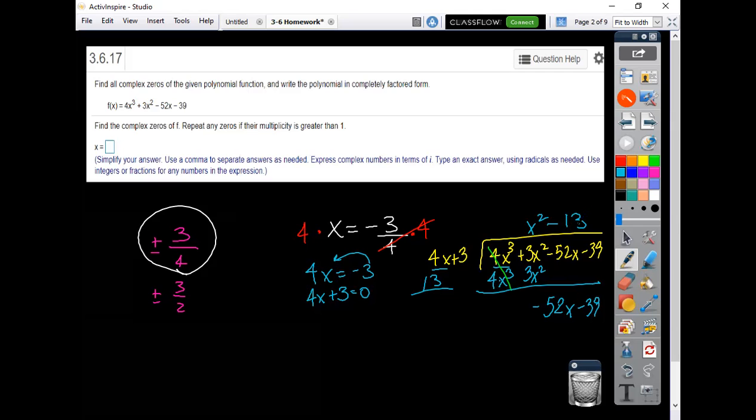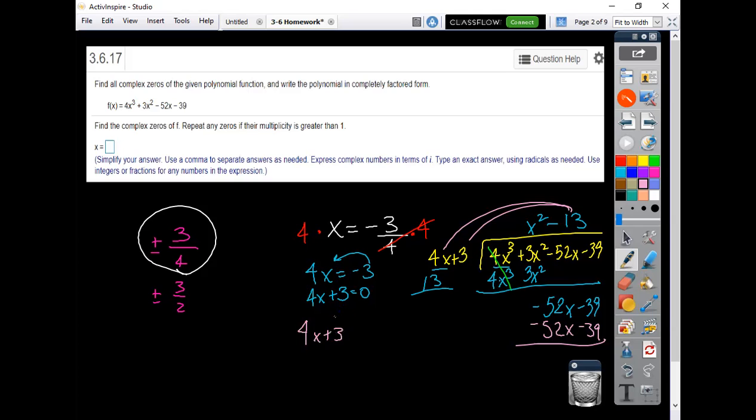So my 13 times this 4, negative, makes my negative 52x. And my negative 13 times that 3 is going to make negative 39. And that's exactly what I needed. So my other factor, so I've got 4x plus 3, and it's times x squared minus 13.